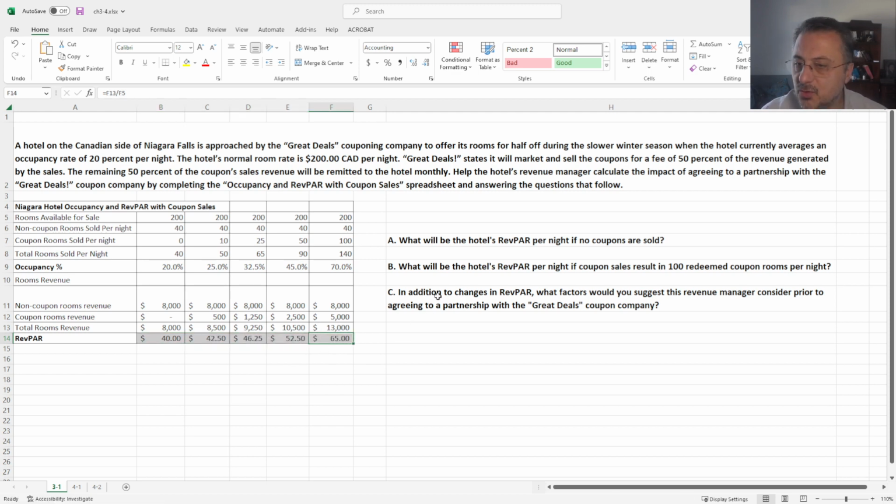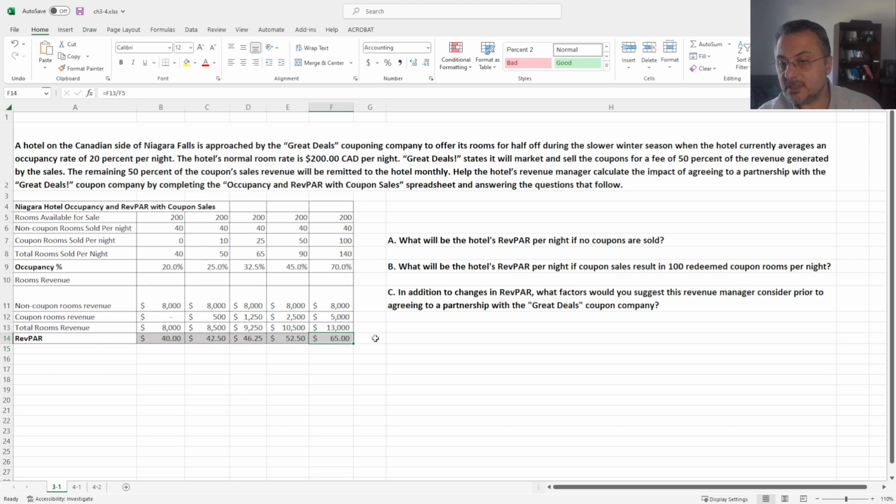Okay, the next question was, what will be the hotel's RevPAR per night if coupon sales result in 100 redeemed coupon rooms per night, which is this one, and the RevPAR is going to be 65. Now, from the hotel's perspective, actually it's a very good deal, right? The first thing is room revenue increased, RevPAR increased.